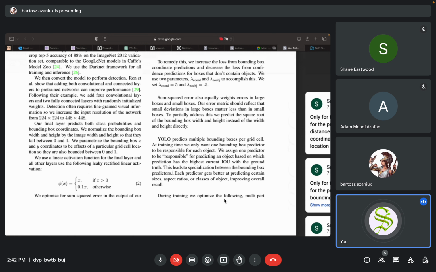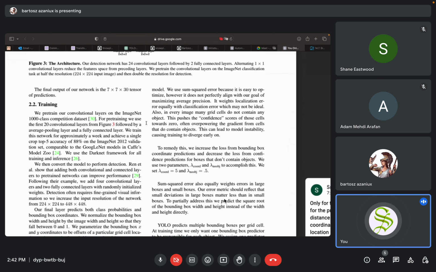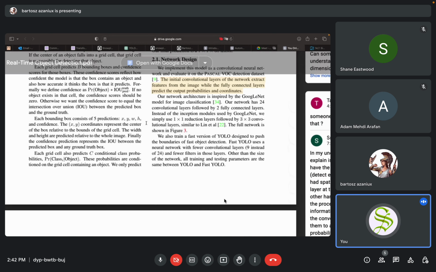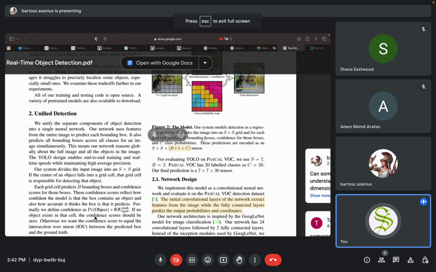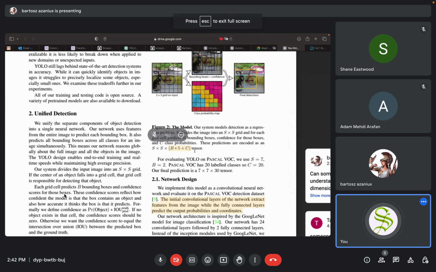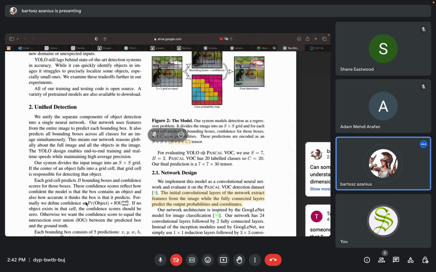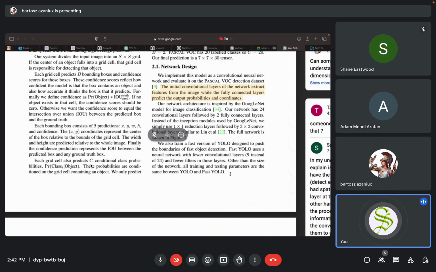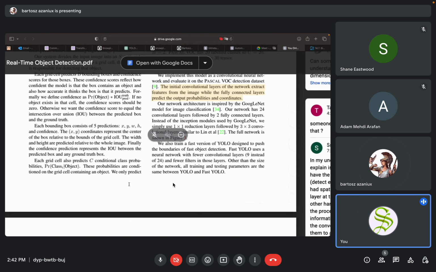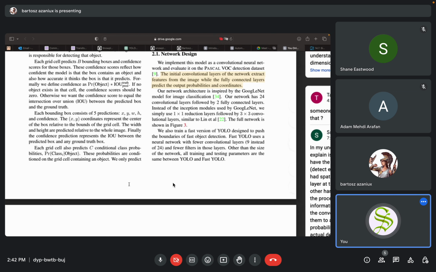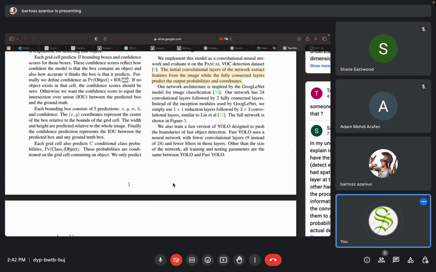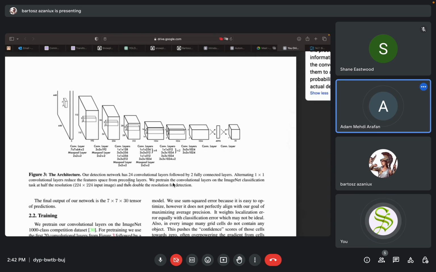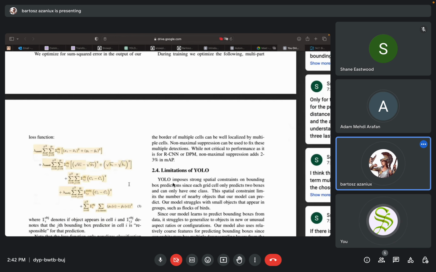So if you scroll up to where that image was, scroll up a little more. Yeah, I believe so. So each grid cell predicts B, and then if you scroll down, I think it defines C. Yeah, each grid cell also predicts C, conditional class probabilities. So I think C is the probability of a specific class, so it's a vector based on all the classes that you have.